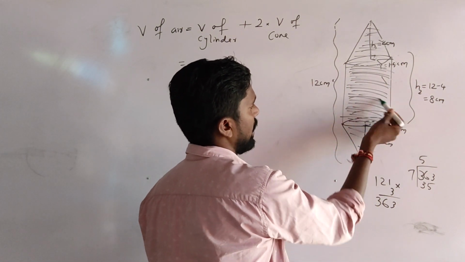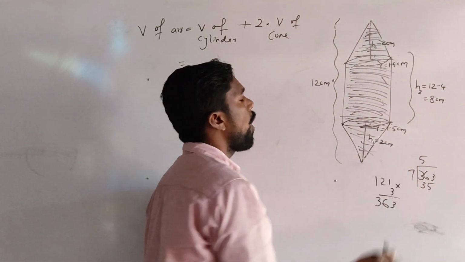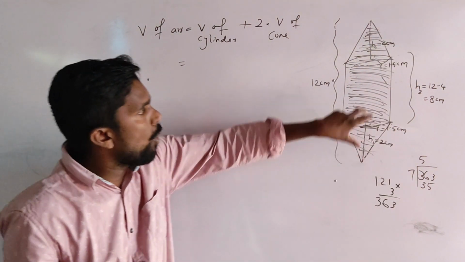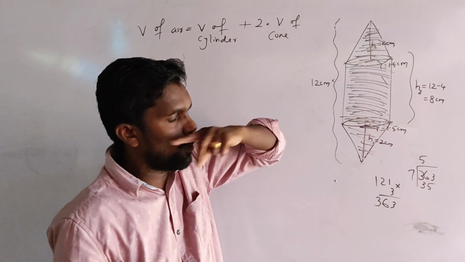So this cylinder contains full air, this cone contains full air. So volume of air means volume of cylinder plus 2 into volume of cone.